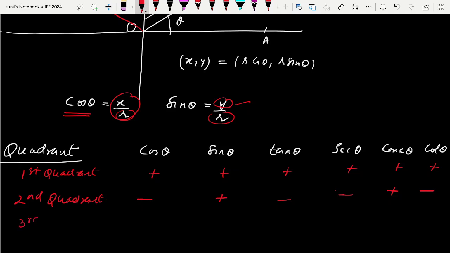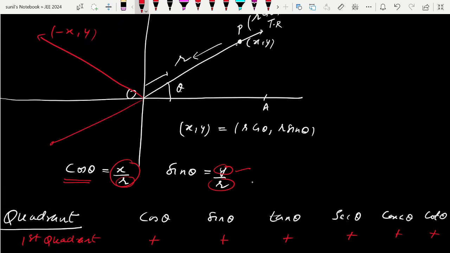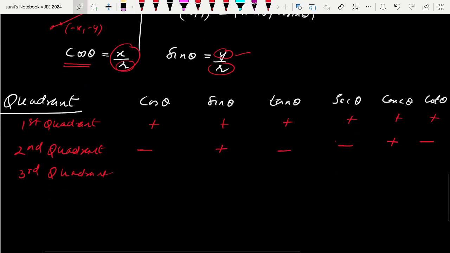And if it is the third quadrant, you know that if the terminal ray falls in the third quadrant, then both the coordinates x and y are negative. So cos theta will be negative, sin theta will be negative, tan theta will be positive because the ratio of two negative things is positive, sec theta will be negative, cosec theta will be negative, and cot theta will be positive.